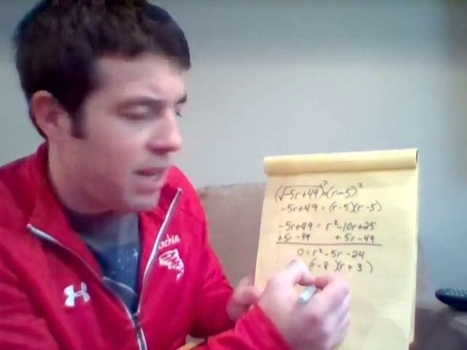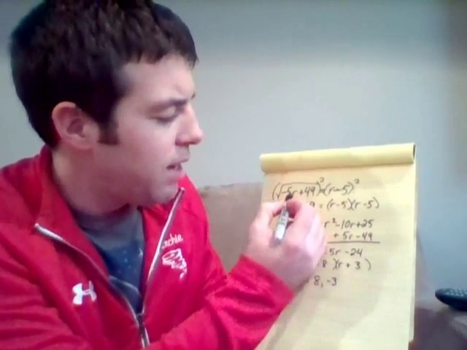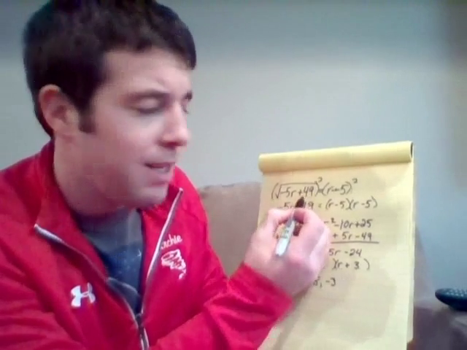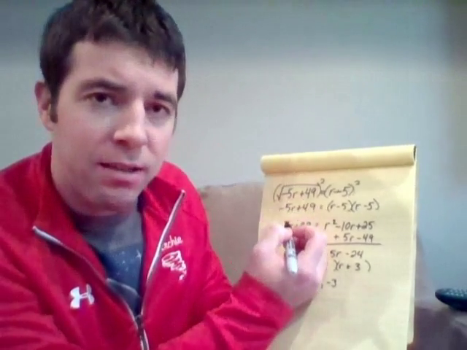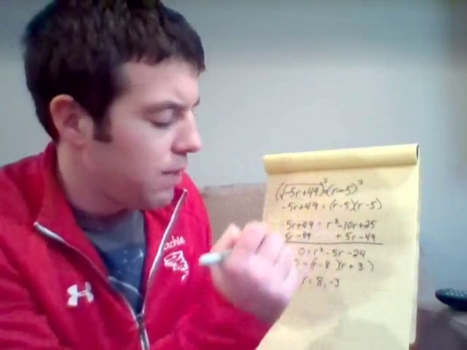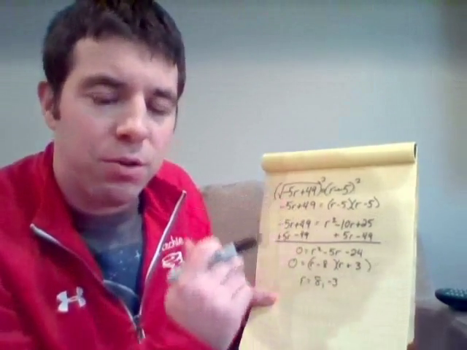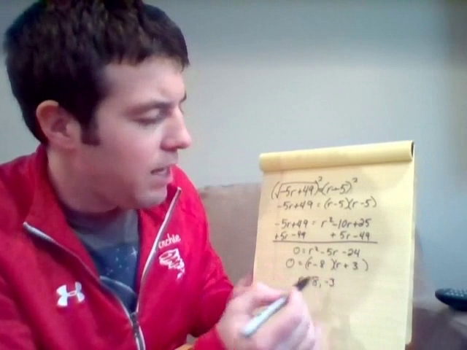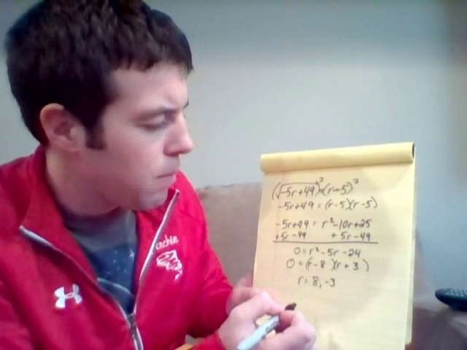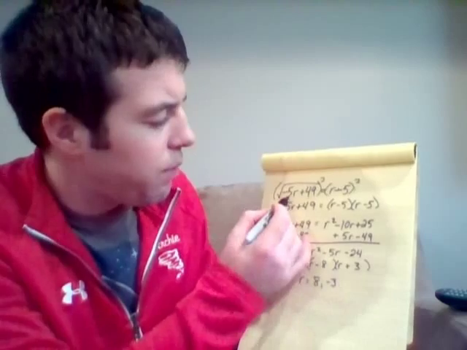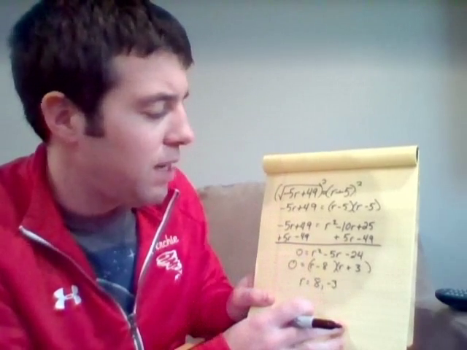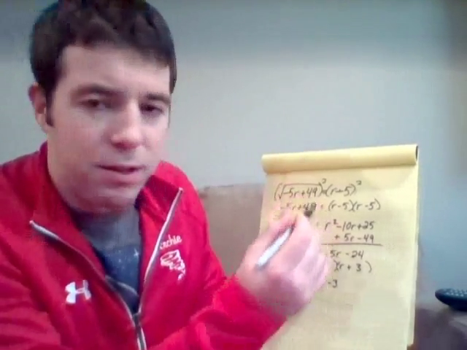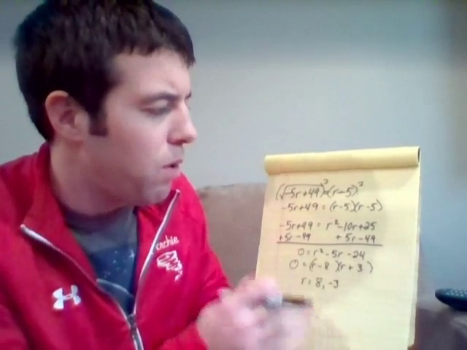Negative 5 times 8 is negative 40. Negative 40 plus 49 is 9. Radical 9 is 3. So let's see if this equals 3. 8 minus 5 equals 3. We're good. Now let's try negative 3. Negative 3 times negative 5 is 15. 15 plus 49 is 64.